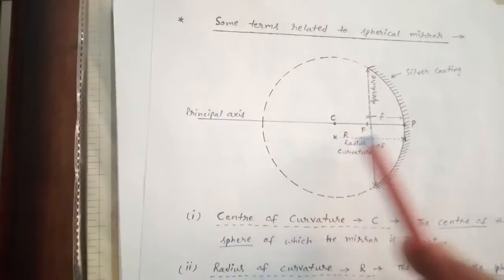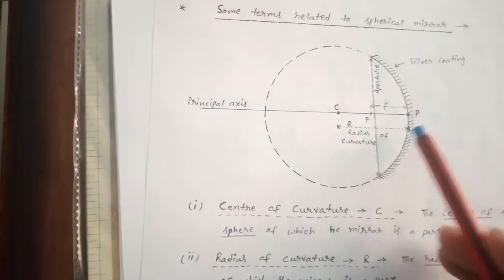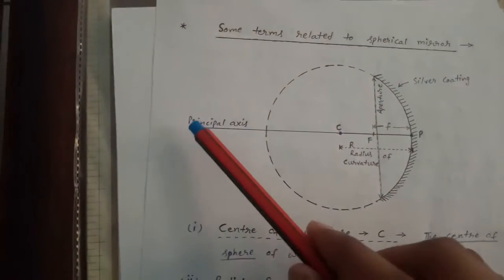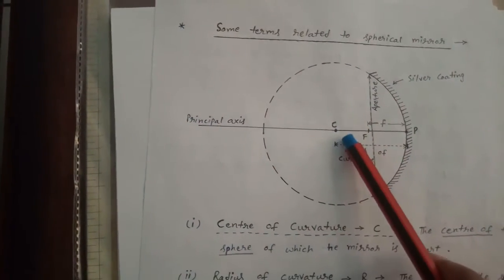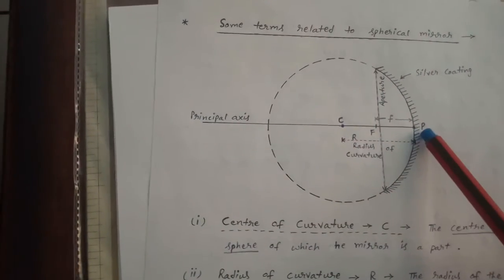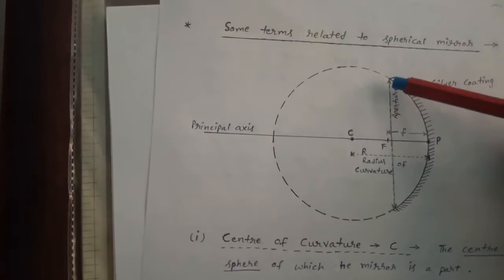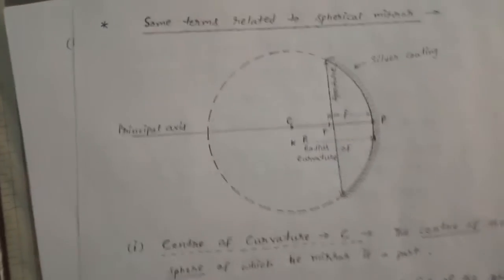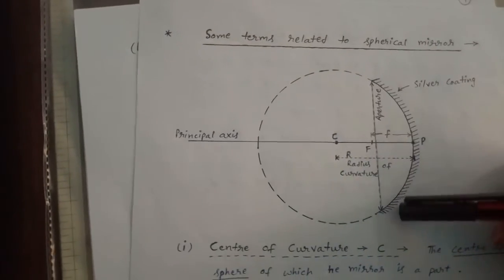So the radius of curvature is the radius of the sphere. C is the center of curvature. The line passing through the center of curvature to the pole of the mirror is known as the principal axis. Now the size of this mirror is known as its aperture.